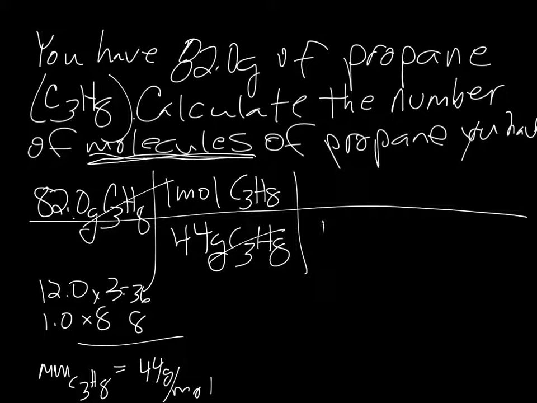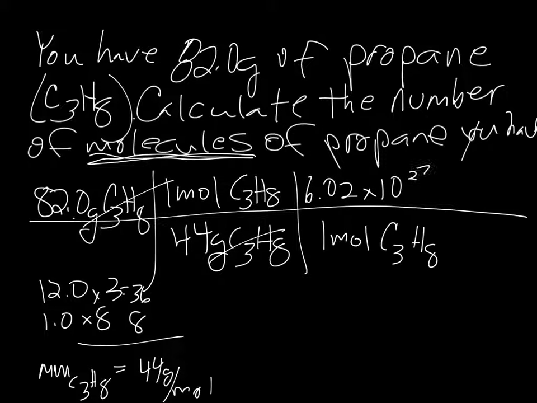So we know that 1 mole of C3H8 contains Avogadro's number of molecules of propane, which is 6.02 times 10 to the 23rd molecules of C3H8.